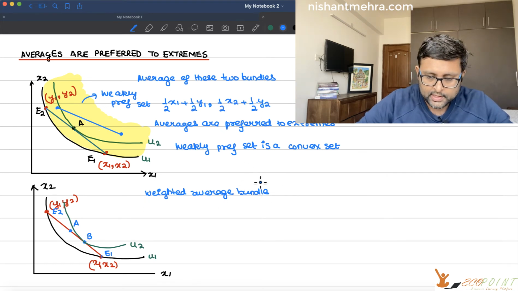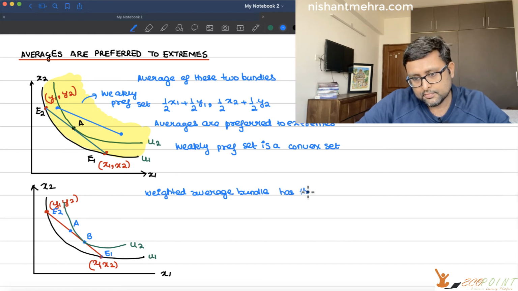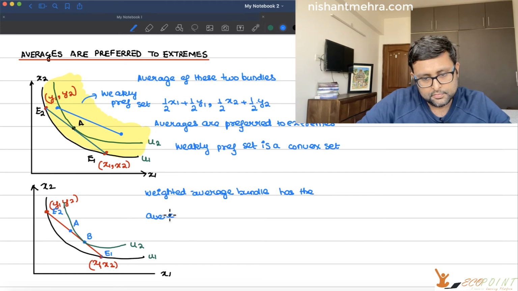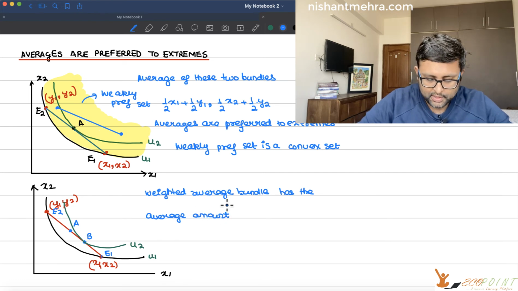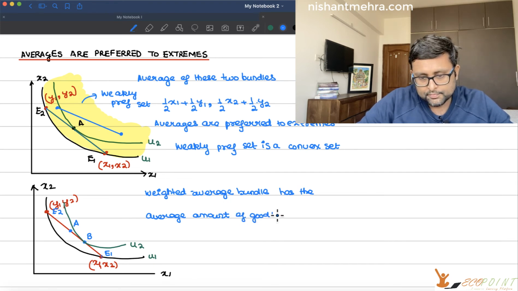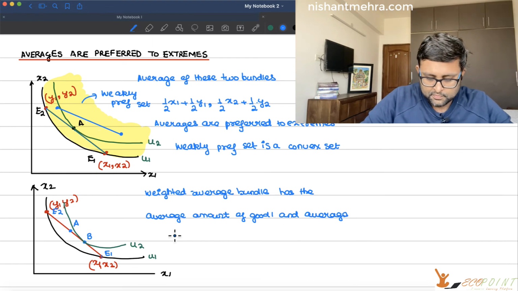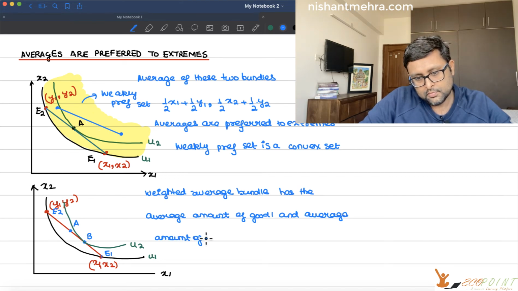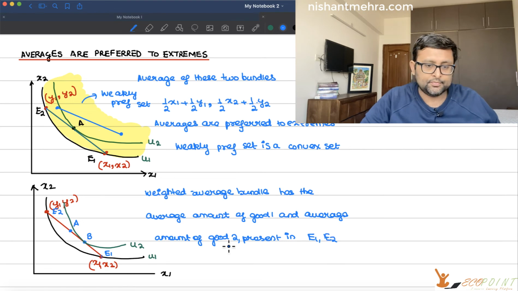So weighted average bundle has the average amount of good 1 and the average amount of good 2 present in even E2. Even E2 are your extreme bundles, right?